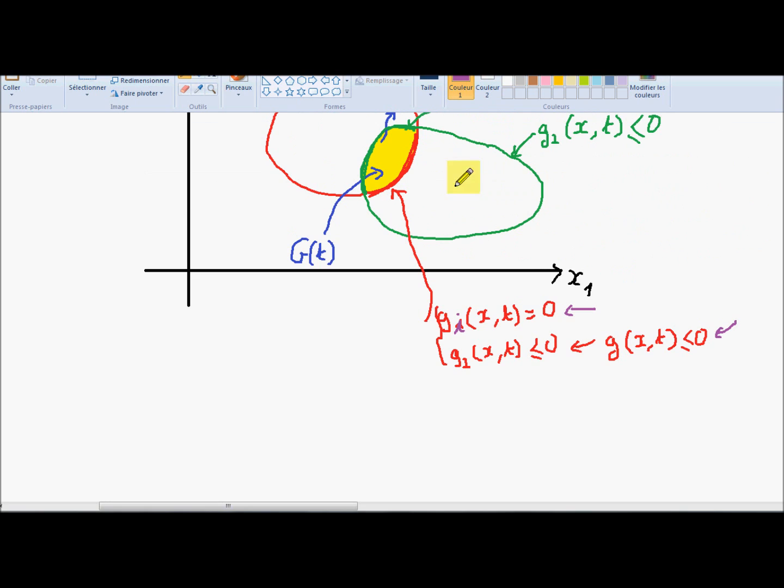So the cross-out condition, I should add G dot of X and T should be positive.